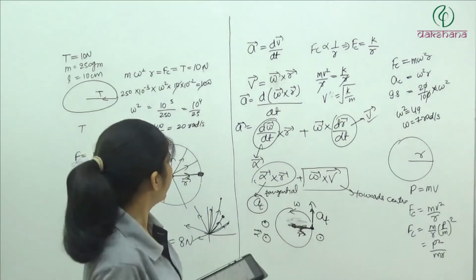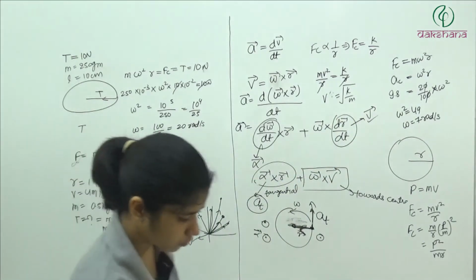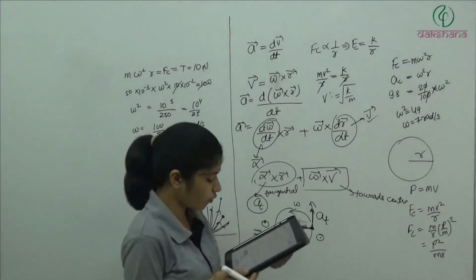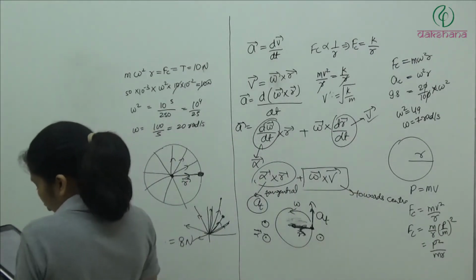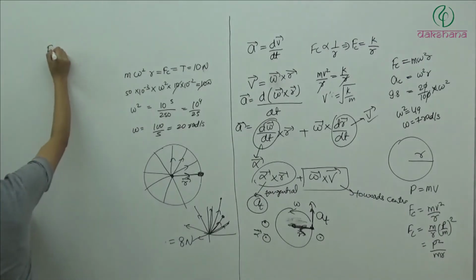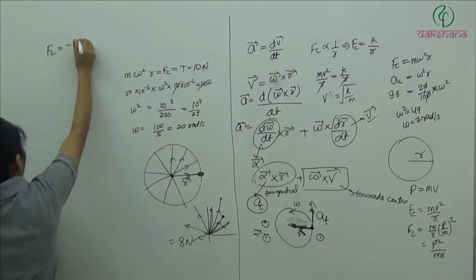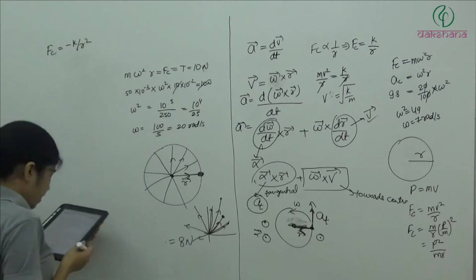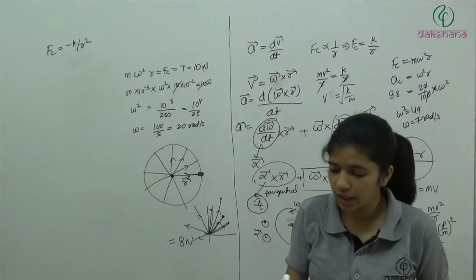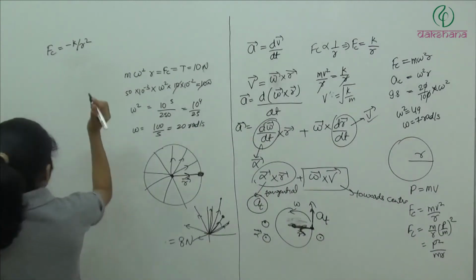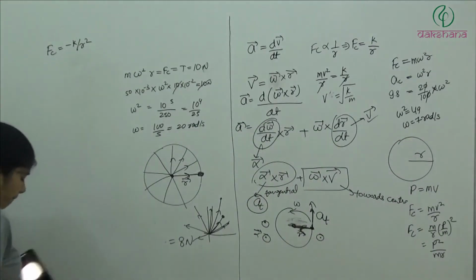Question number C8. A particle of mass m is moving in a horizontal circle of radius r under a centripetal force equal to minus k by r square. The total kinetic energy of the particle is?